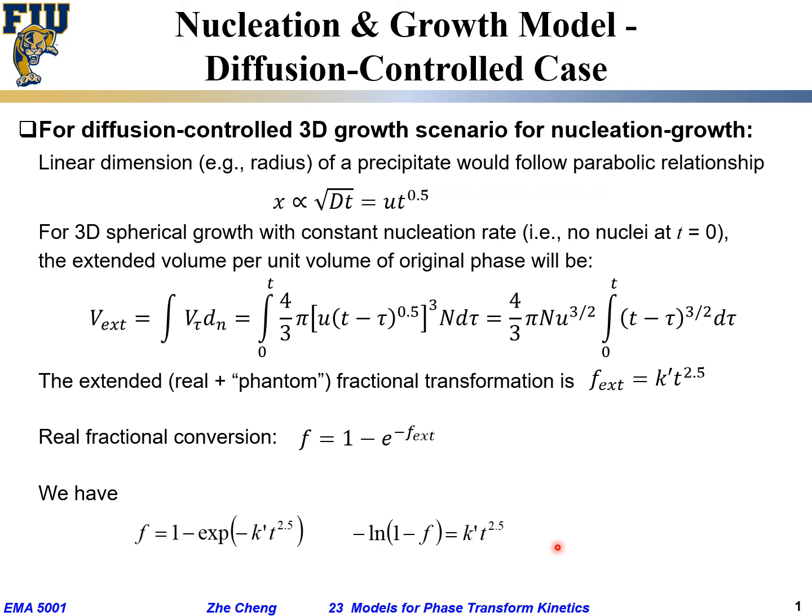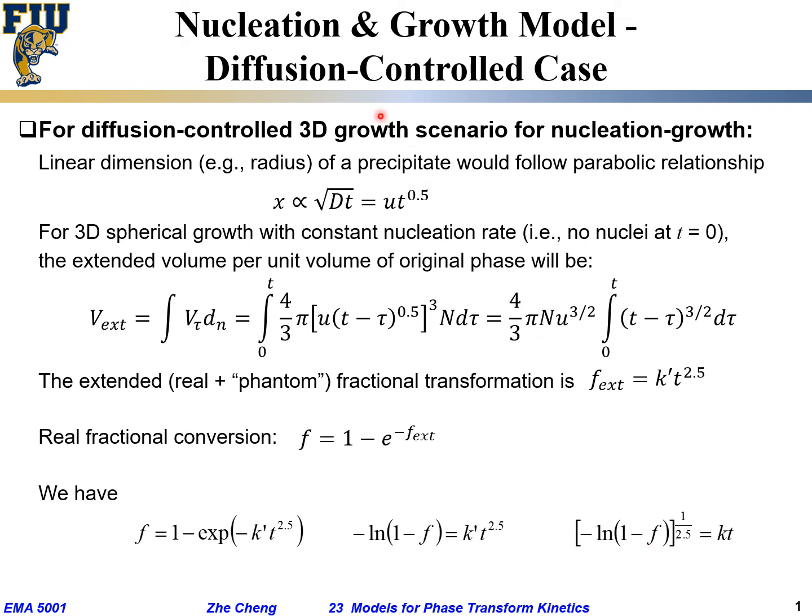For this we can do one more manipulation. Take the power of 1 over 2.5, and then we have the expression proportional to kt, which is often the case for kinetics, a constant times t. Again, k would be the reaction constant, t would be time, f would be the real fraction of conversion.